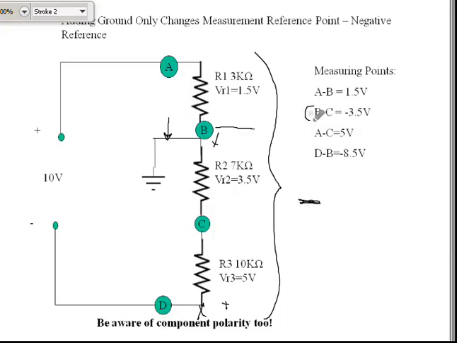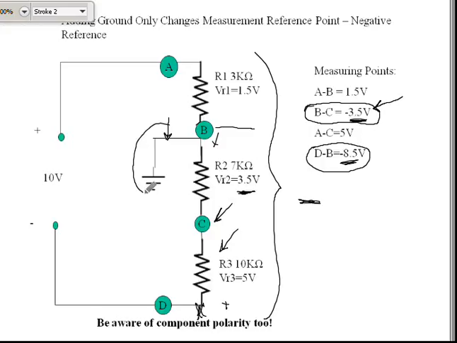That's why from B to C the voltage drop is always 3.5 volts, but our measurement via meter is going to be negative 3.5, because B is our reference point and it is a higher potential than D, our positive lead. Anytime we have B as the reference point and we're measuring to either C or D, we're going to have a negative reading. So that's what this ground point does as far as references go.